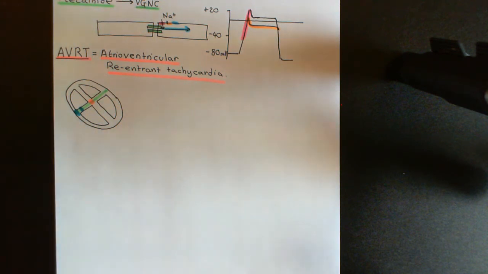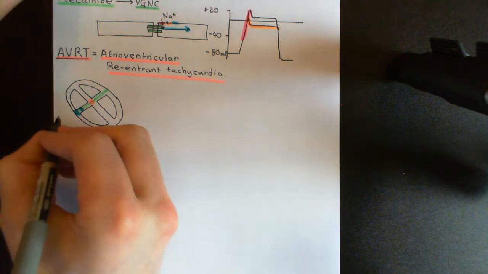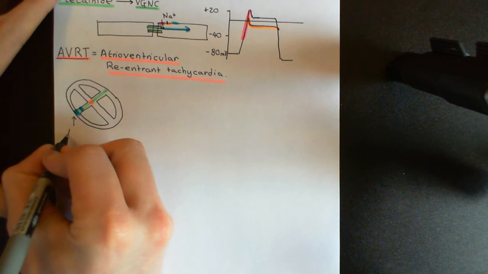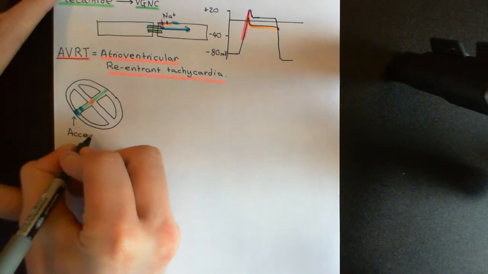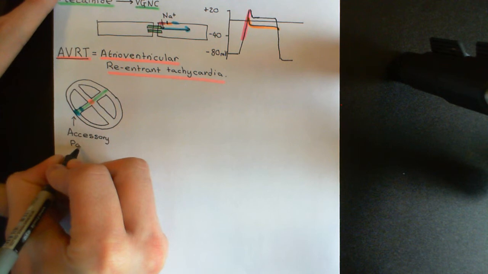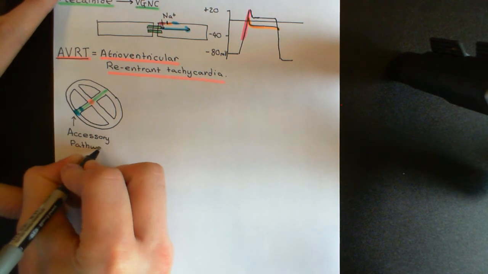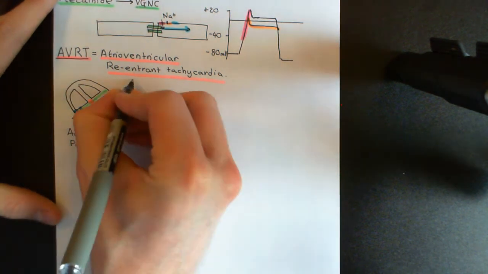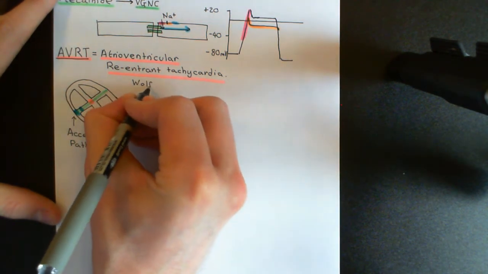If you have one of these structural abnormalities where you have a conductive pathway through the atrioventricular septum that is separate from the atrioventricular node, then this is called an accessory pathway. A syndrome where an accessory pathway occurs is known as Wolff-Parkinson-White Syndrome.